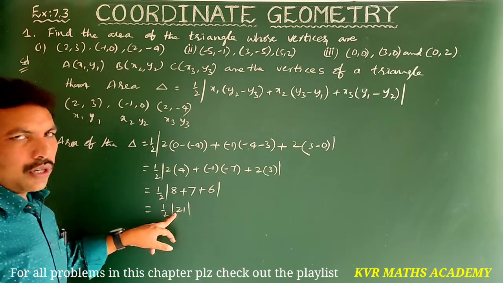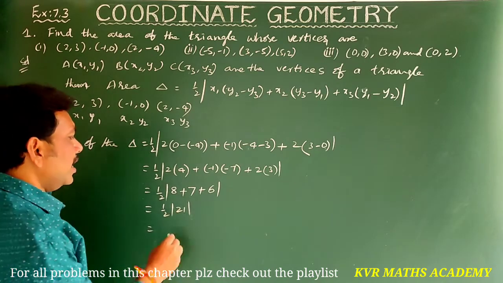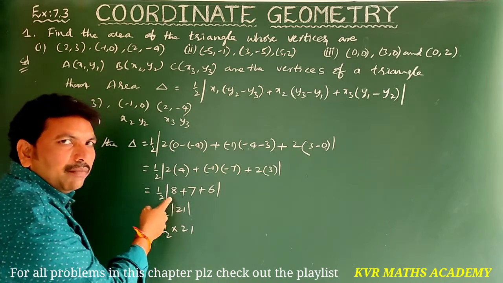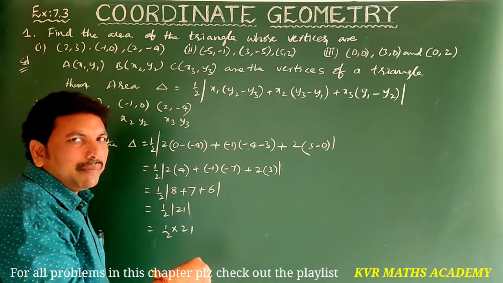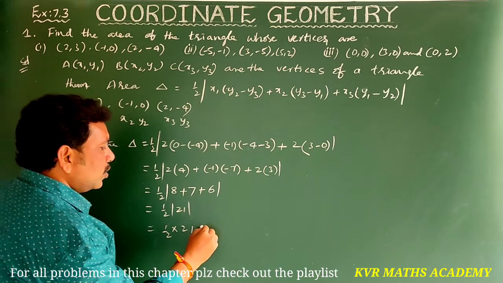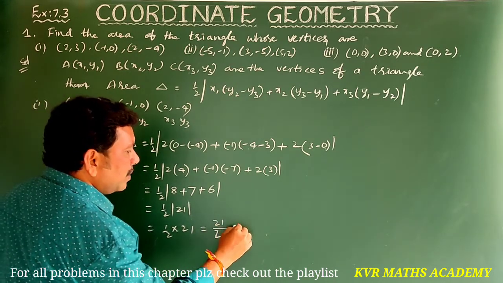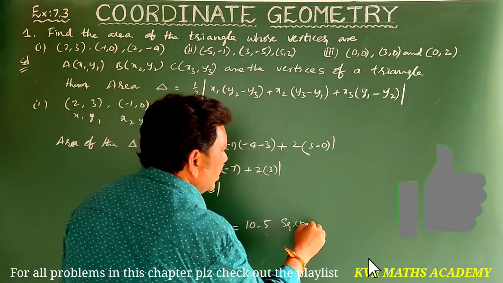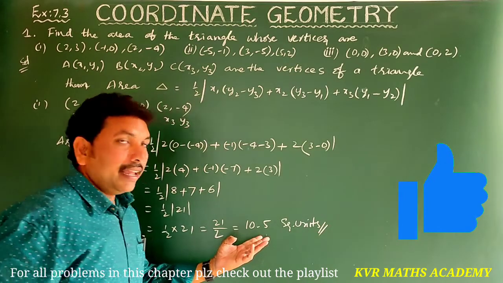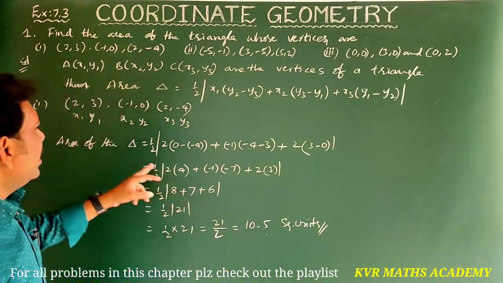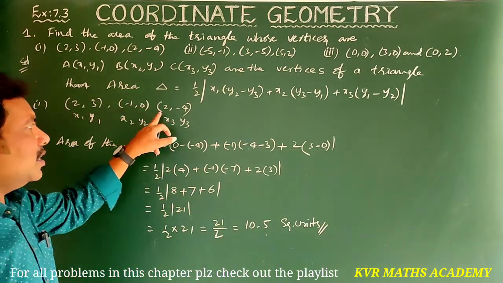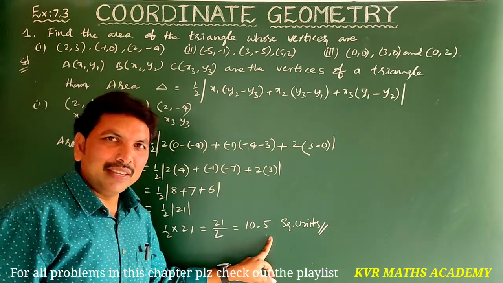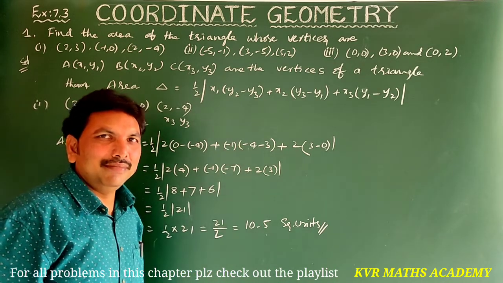If it were minus 21, modulus of minus 21 would become plus 21. So that is 21 by 2, which is 10.5 square units. So the area of the triangle with vertices (2, 3), (-1, 0), (2, -4) is 10.5 square units. Have you understood? Note it down.